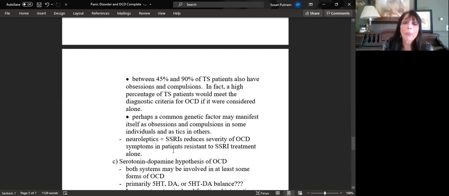So if you give somebody who's already on an SSRI a neuroleptic, you can often see a reduction in the severity of OCD symptoms in those patients who, when administered SSRIs alone, did not have much improvement.